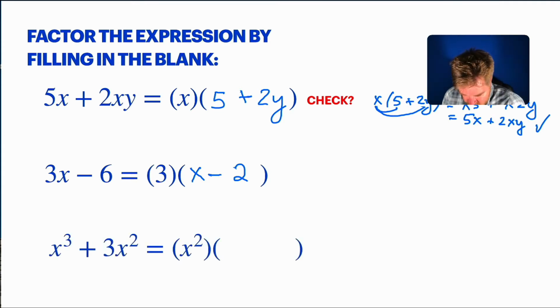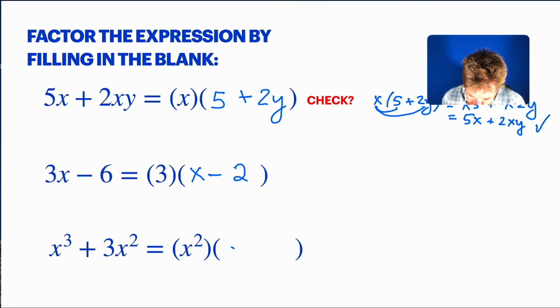How about this one? x cubed plus 3x squared, and we're factoring out an x squared. All right, toughie. x squared. We got 2 factors of x already accounted for. In the first term of the second factor, what more do we need? Well, we want to end up with x cubed, and that just means x times x times x, 3 factors of x. We've got 2.